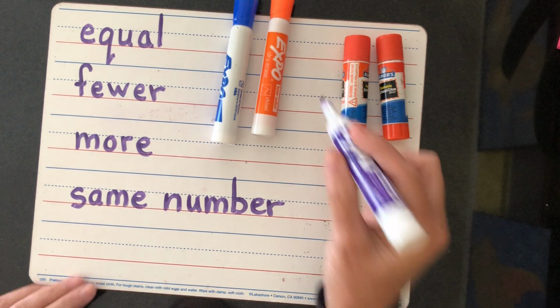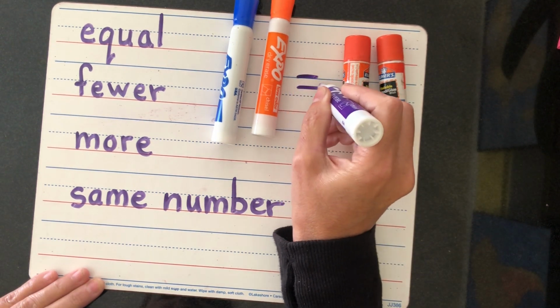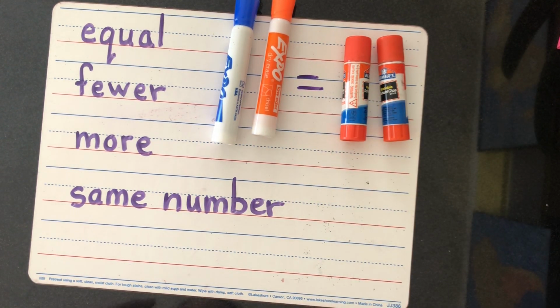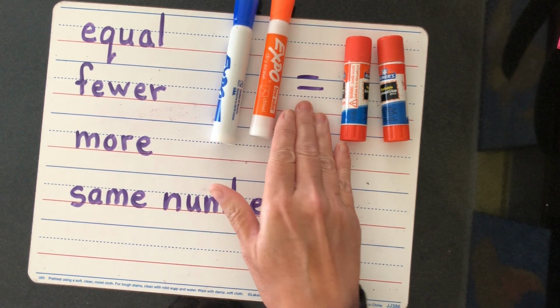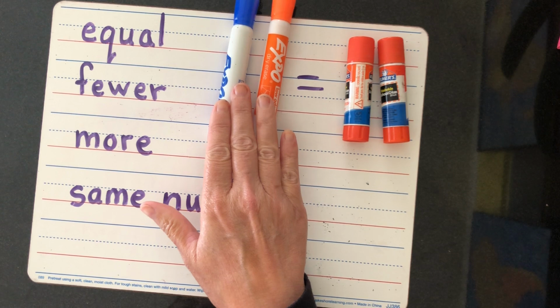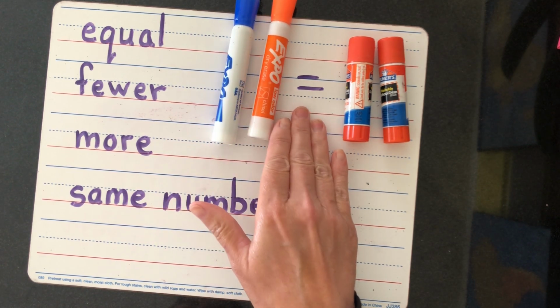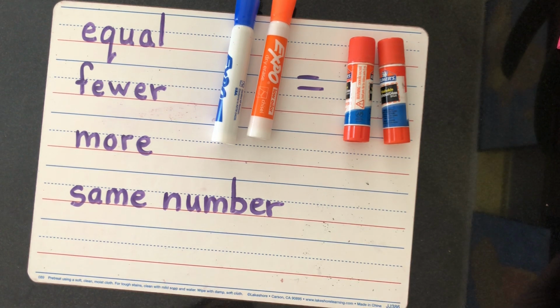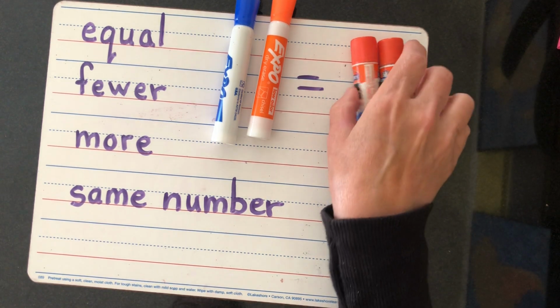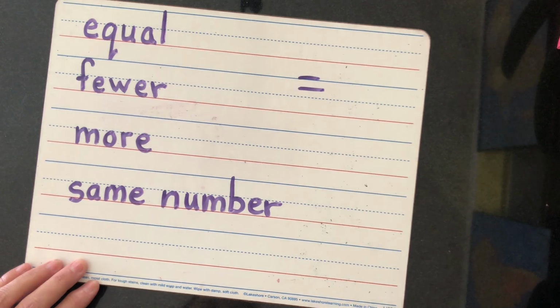Another way to show that would be the equals sign. But if we were going to read it, we would say 2 is equal to 2, or 2 is the same as 2. Okay, so let's just go ahead and take a look at our chart really quickly.